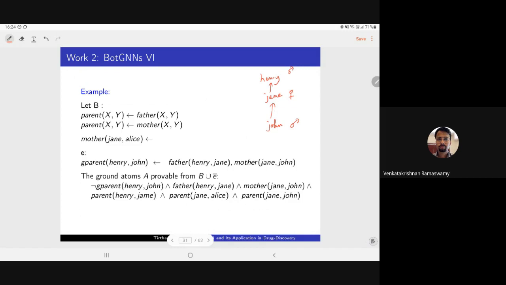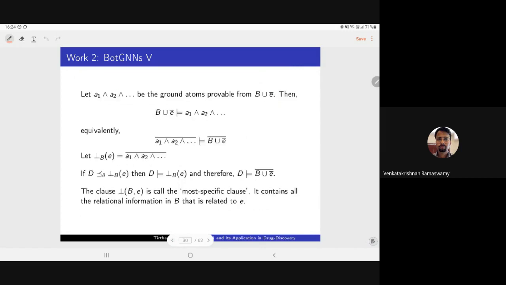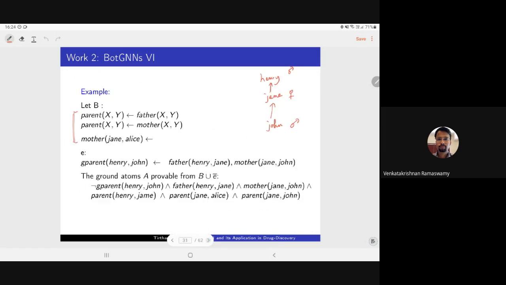Now, how does MPI combine these details or these relations available in B into E? It takes into account the information available in B and makes a union of those. What are the terms available here? Henry, John, and Jane.